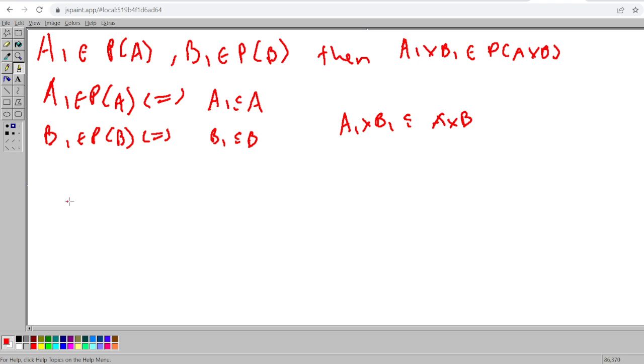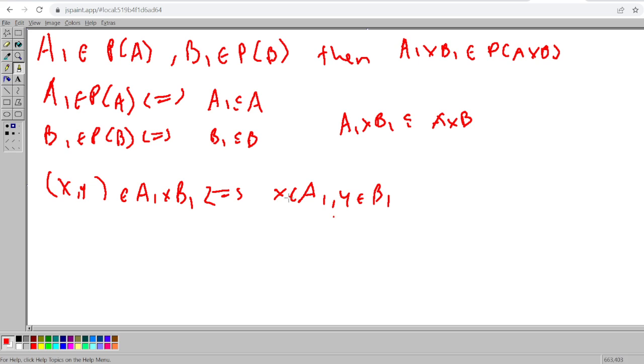So we can start showing that by saying that (x, y) is an element of A1 times B1, which is, again, equivalent to x in A1, y in B1. All right, we following?